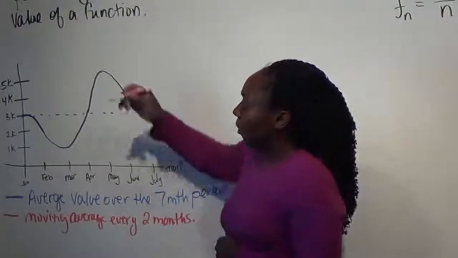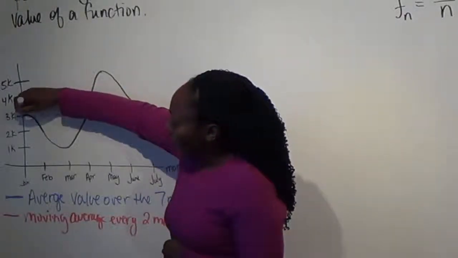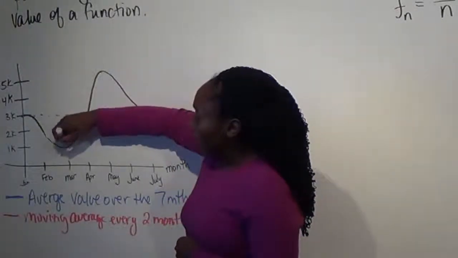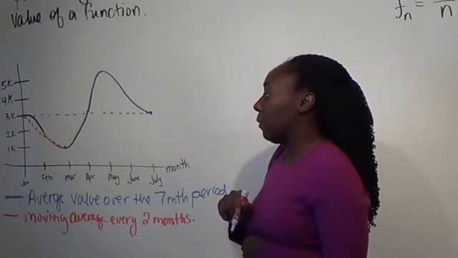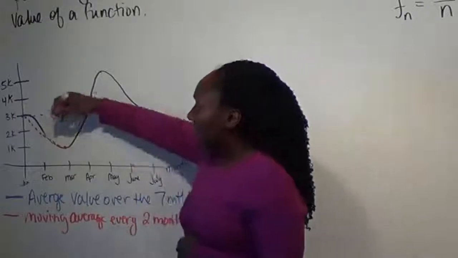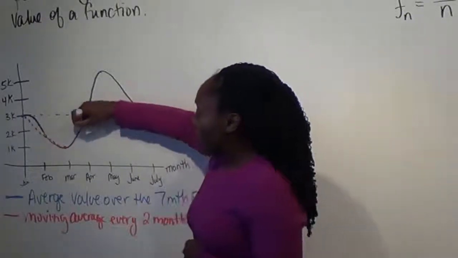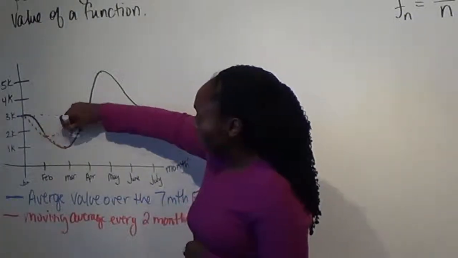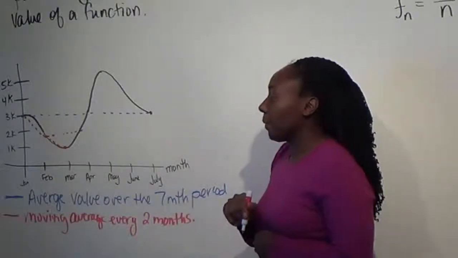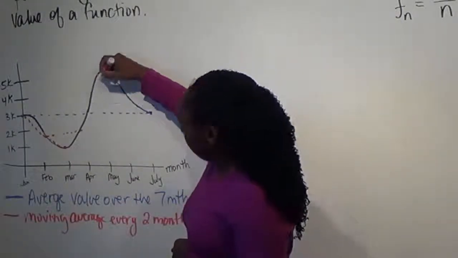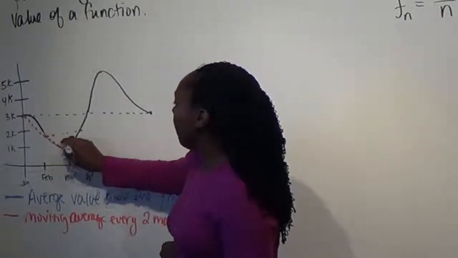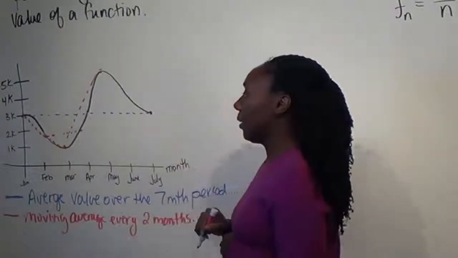Okay? And so what that's saying is if I look at the beginning of January and then I go to March, I'm going to get a moving average for that 2-month period. And then I can look from February to April, and there's going to be another moving average from there. And then from March to May, which is up here at this 5-month, there's an average value there.